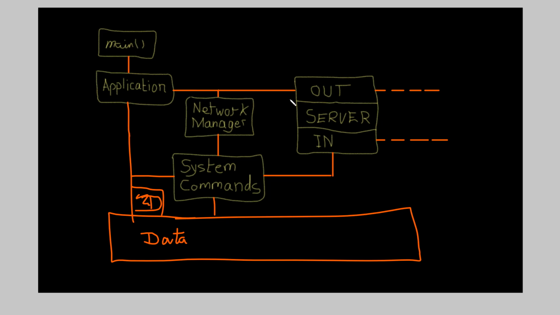Can you now see how this is coming together? So we can either go through system commands to the data, which is probably what we will do, and that means we can, where's the eraser? There it is. Which means we can do without that. And we can do without that.